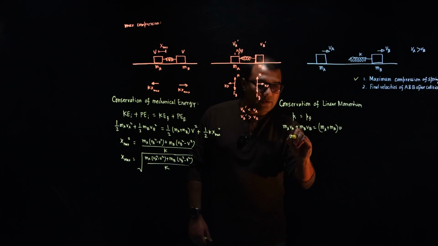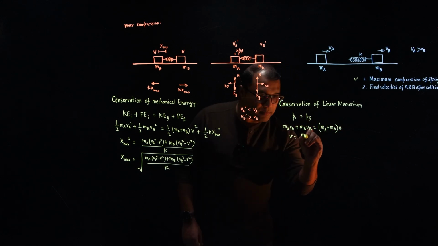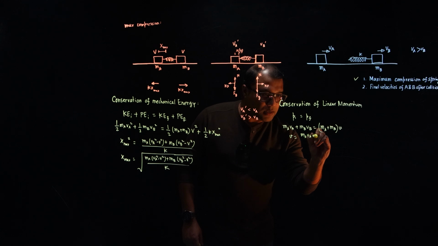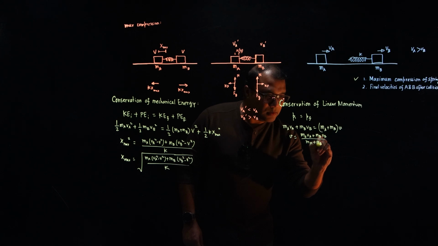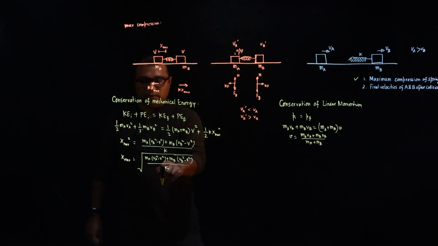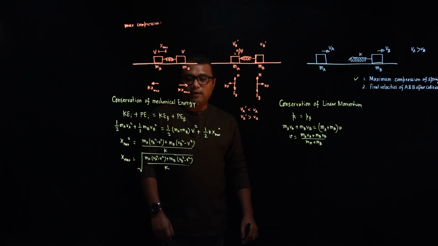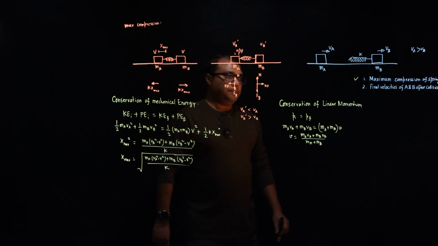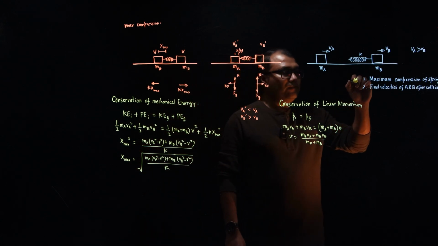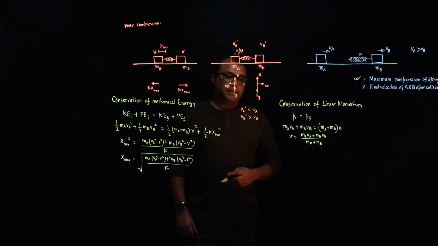So, from that we get v as (m_a v_a plus m_b v_b) divided by (m_a plus m_b). Now, if you substitute v here, you actually get the maximum compression in terms of m_a, v_a, m_b, v_b and k. So, now we can say we found the maximum compression of the spring.